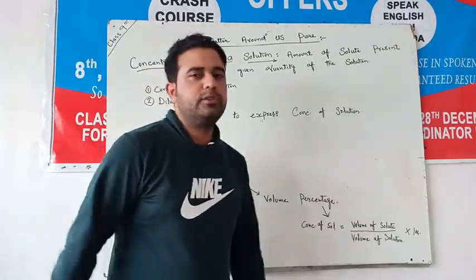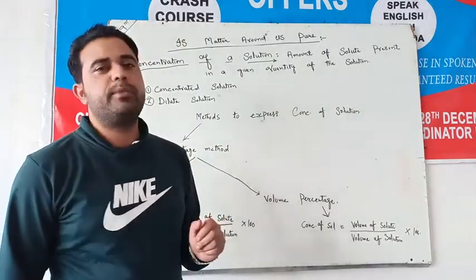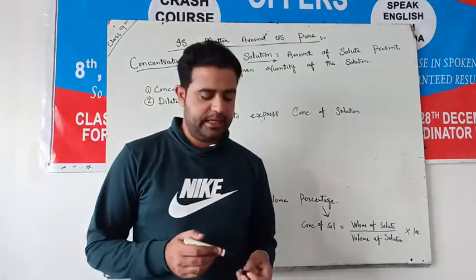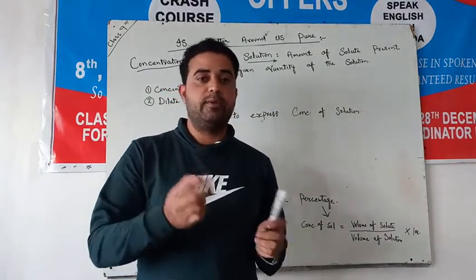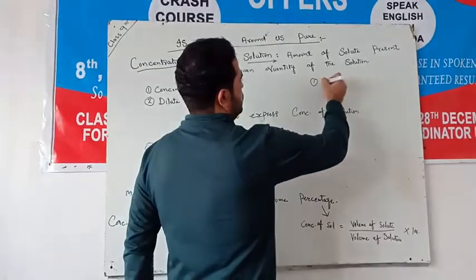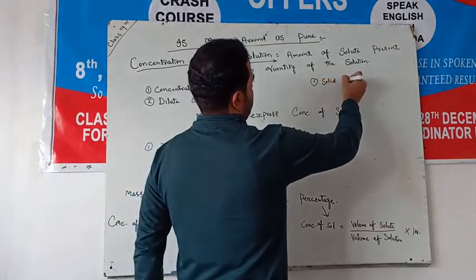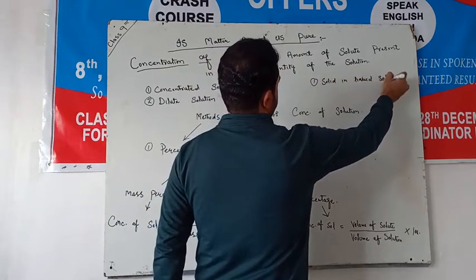It depends upon the type of solute and the type of solvent. For example, if the solute is in the form of a solid and the solvent is in the form of a liquid, we can have a solid and liquid solution.